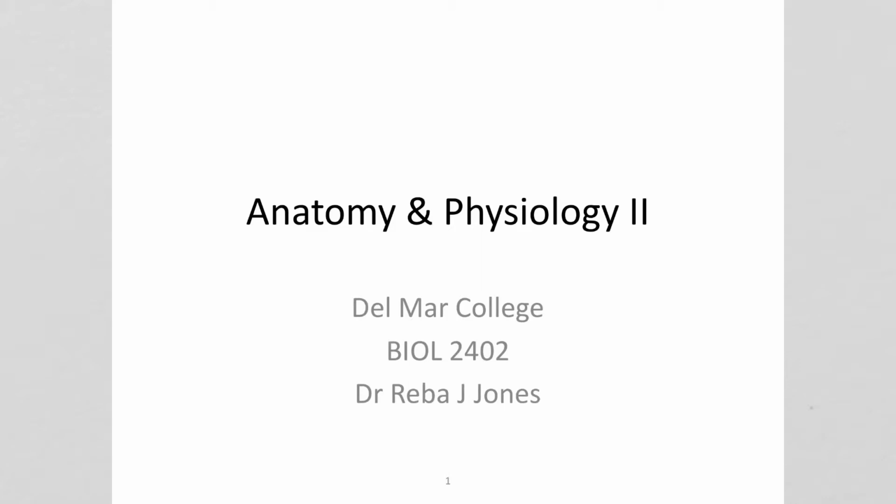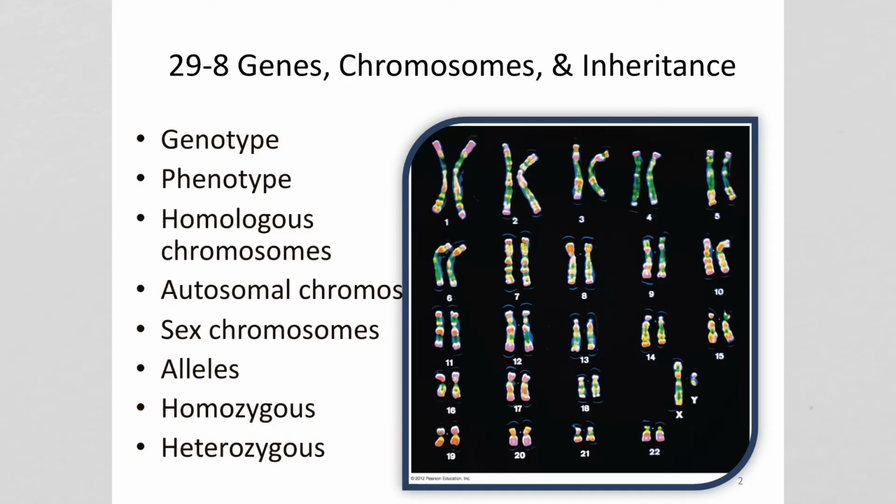In the note set, this is the bottom of page 22, section 29.9. So the first term we need is chromosomes. There are 46 chromosomes in humans. They come in 23 pairs. I use the example of 23 pairs of shoes.